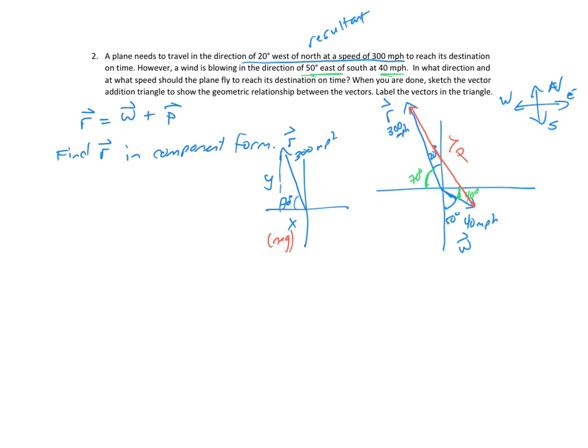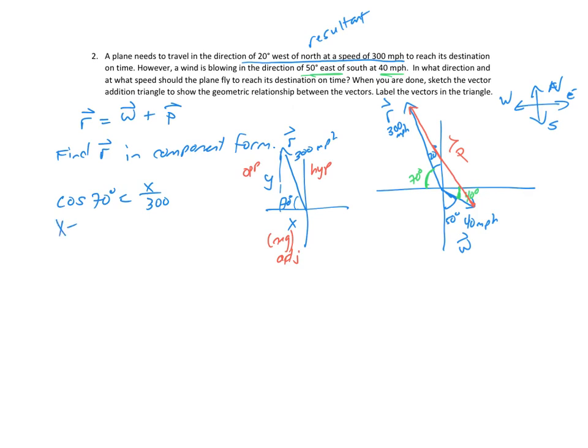And now I'm going to use right triangle trig, so I'm going to think about SOHCAHTOA. So I can say cosine of 70 degrees is going to be the x component over 300, which is the hypotenuse. And if you'd like, I can label this: the x component is the length of the adjacent side, the y is the opposite, and the 300 is the hypotenuse, if that helps you.